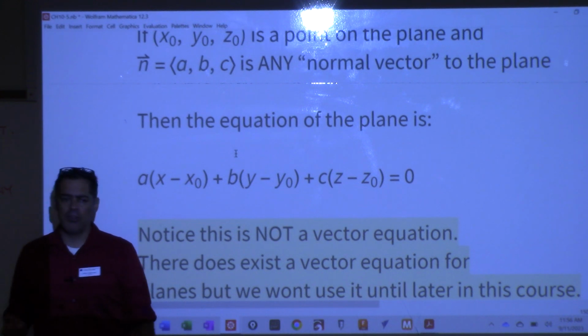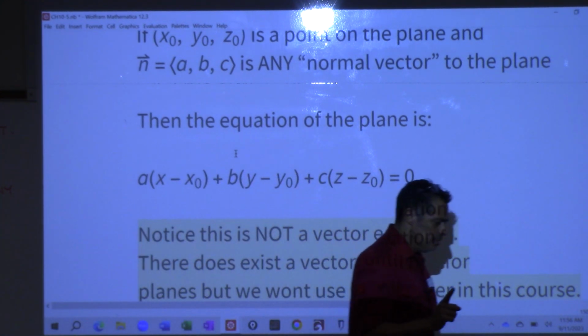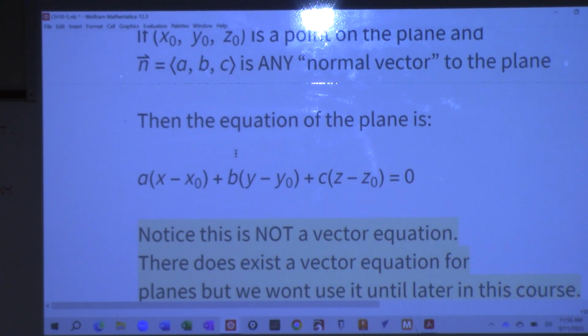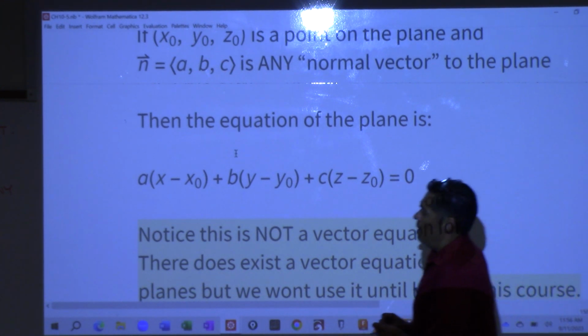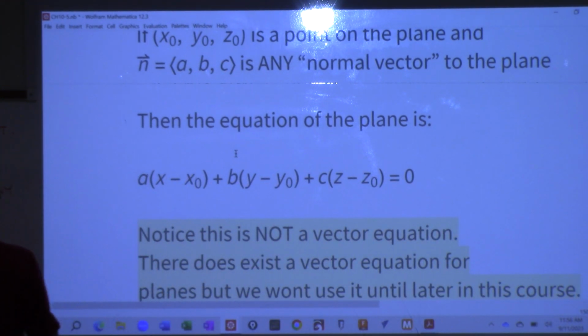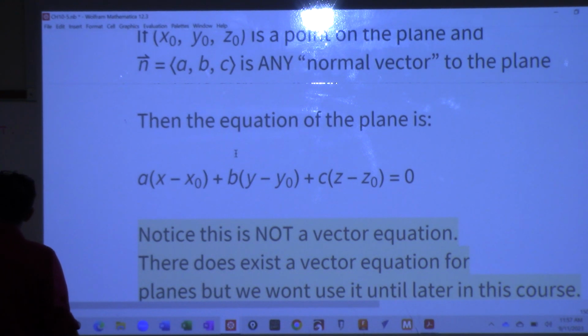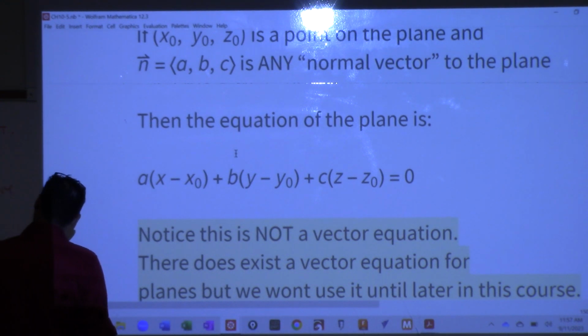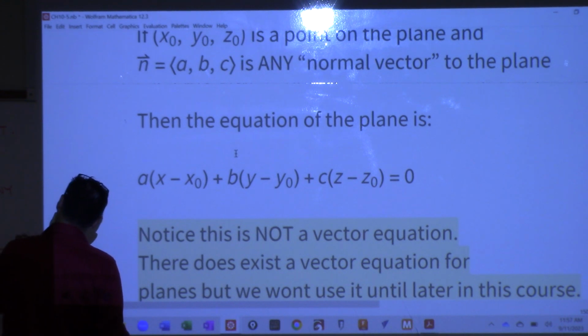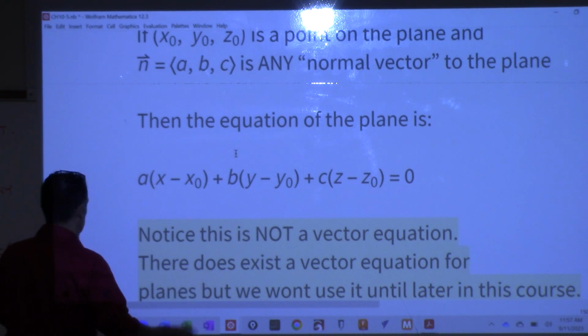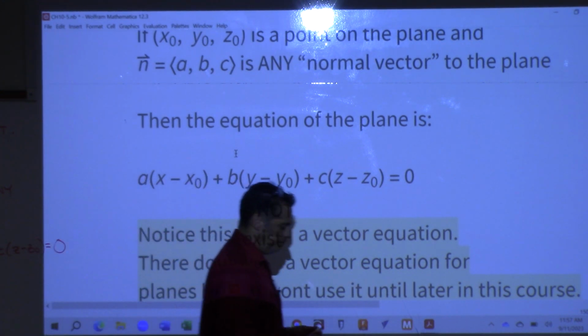The normal vector to a plane is a vector that is what? Perpendicular to the plane, right? Okay. Any normal vector, then a times x minus x naught plus b times y minus y naught plus c times z minus z naught equals 0 is the equation of the plane.